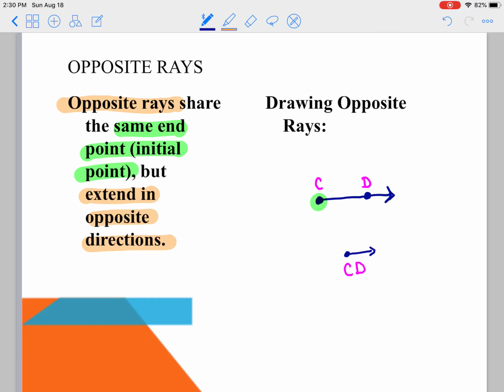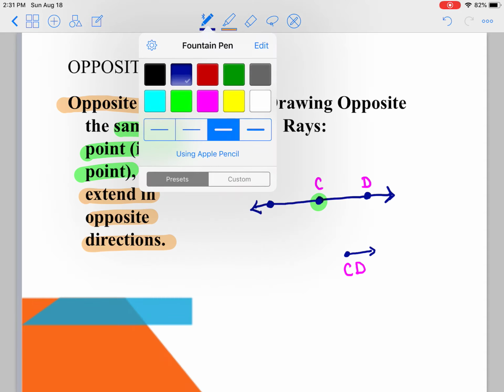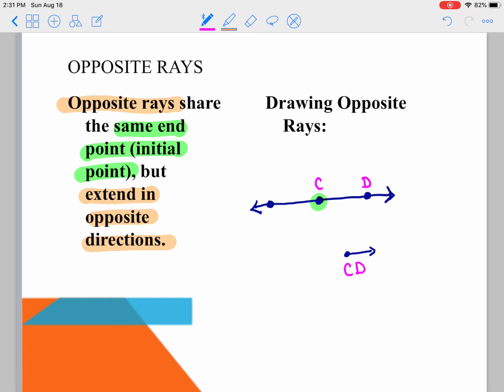So for my opposite ray, I would begin at C and move in the opposite direction from that. I'm going to say that it's moving in the direction of, let's call it R.